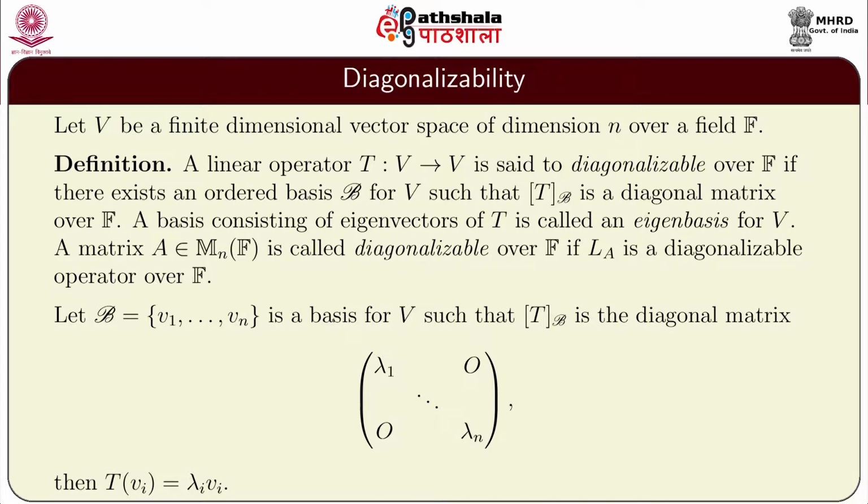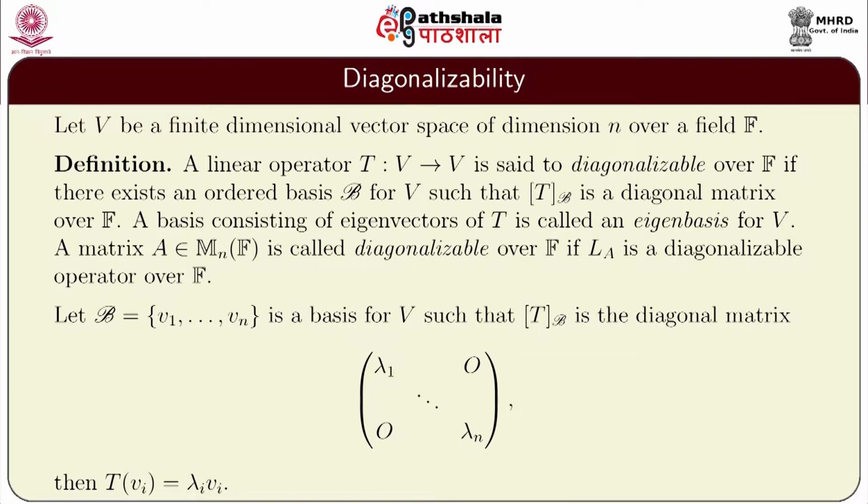and the same definition for a matrix is that it is diagonalizable over F if the operator LA is a diagonalizable operator over the field F. Suppose that B consisting of the vectors V1, V2, ..., Vn is a basis for V such that the matrix representation of T with respect to this basis is the diagonal matrix given by lambda 1 to lambda n in the principal diagonal and 0 in the off diagonal entries.